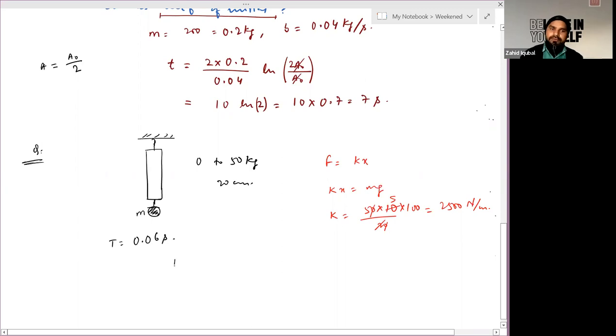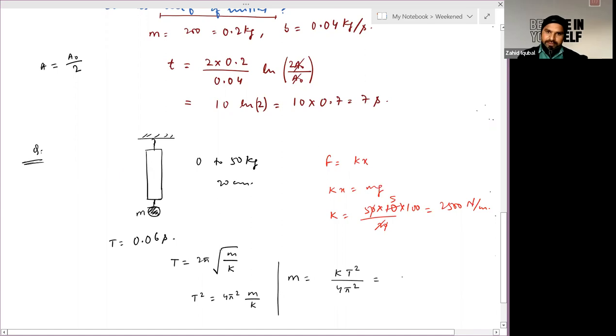According to the formula for a spring mass system, T is 2 pi root under m by k. We have k, 2 pi and time period. Just rearrange it. So T square equals 4 pi square m by k. We have to calculate mass. So m will be equal to k times T square divided by 4 pi square.